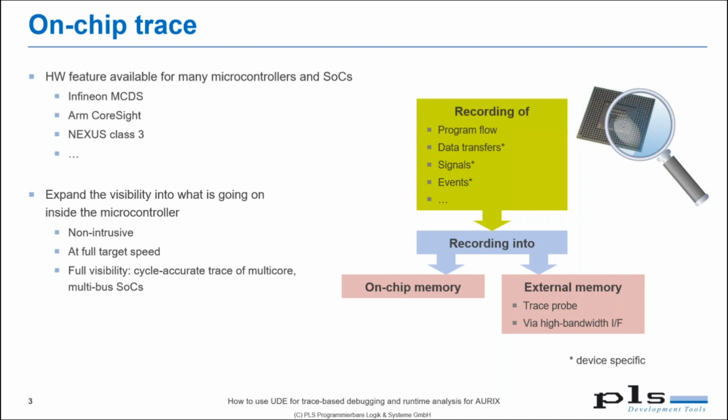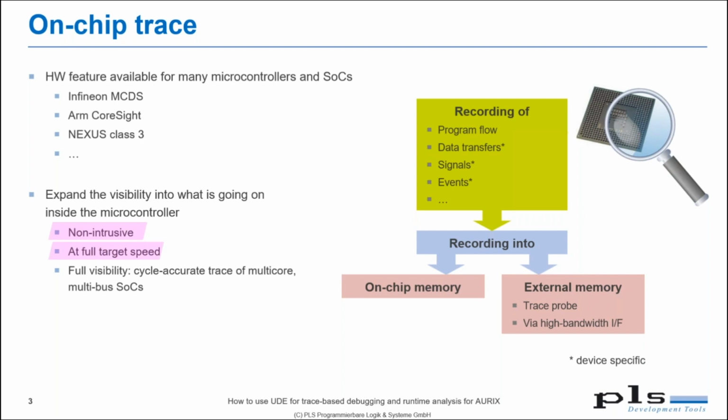The trace messages or the trace stream can either be stored in the device itself in an on-chip trace memory, if the device has one, or the trace stream can be transferred directly via the trace probe of the debug tool into the debugger, and then you need the dedicated trace interface.